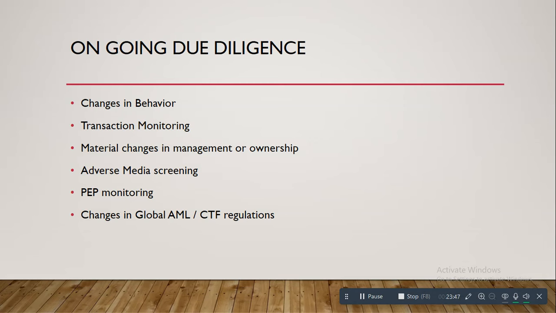Then it will again affect the relationship that you have established. So these are the things that are continuously monitored in the ongoing due diligence phase. This is how correspondent banking revolves around the laws and regulations to keep its customers and itself safe from fraud or any attacks.